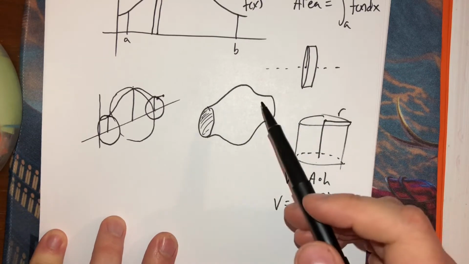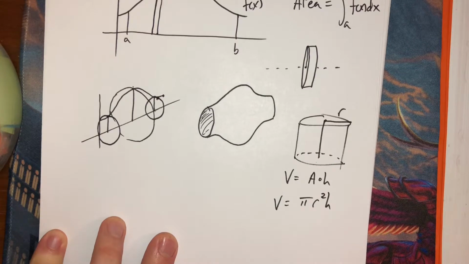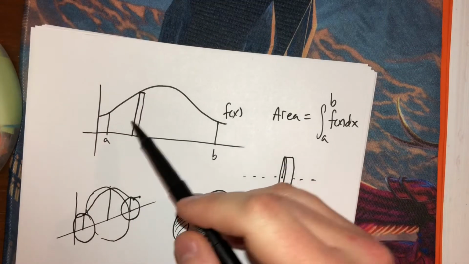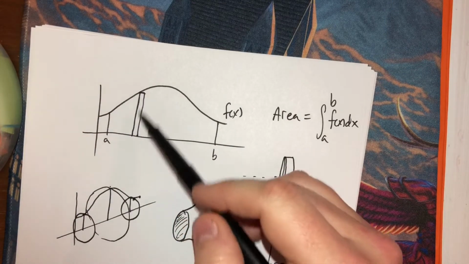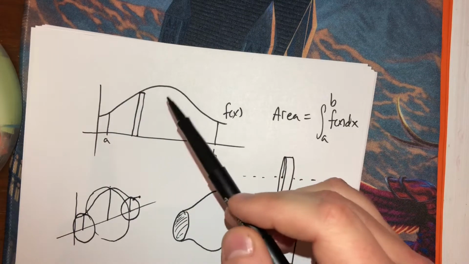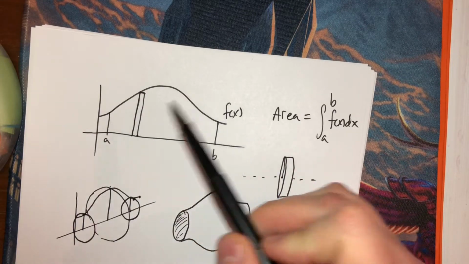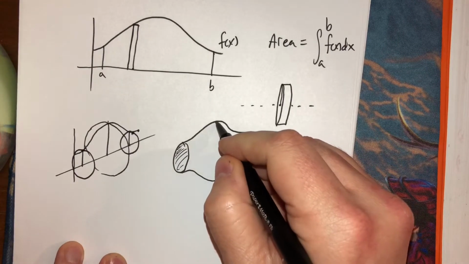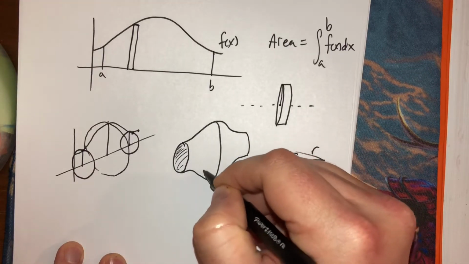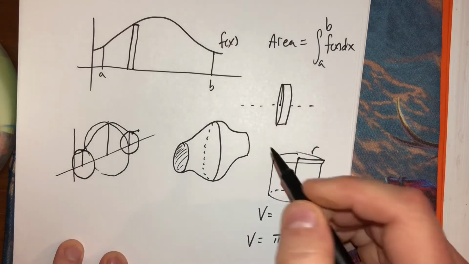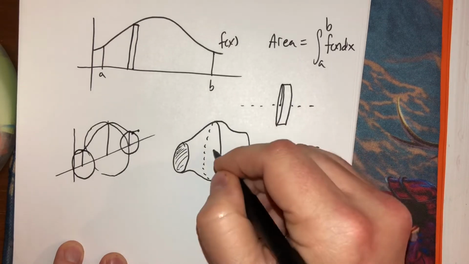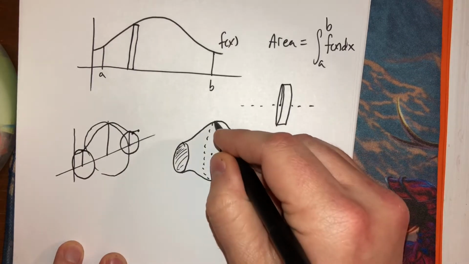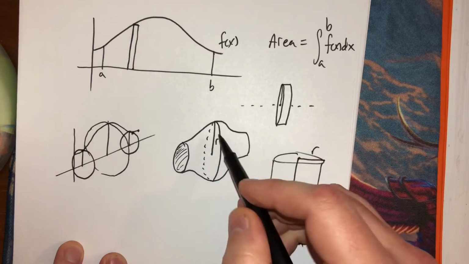And so it turns out what we can do is, let's think about a single circle along our vase here. How do you find the area of a circle? Pi r squared, right?